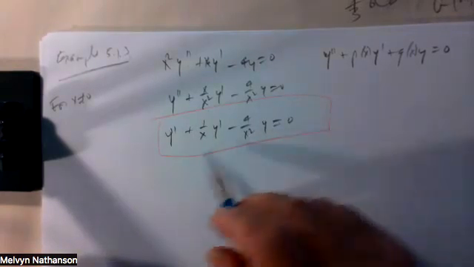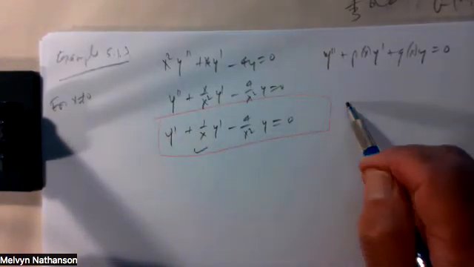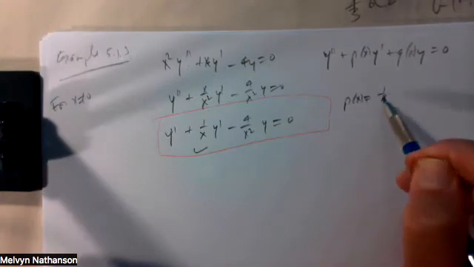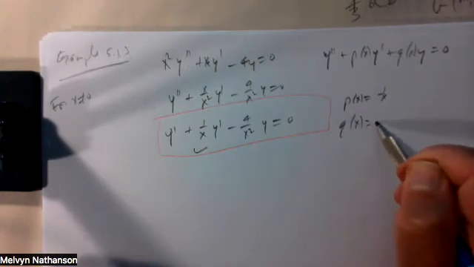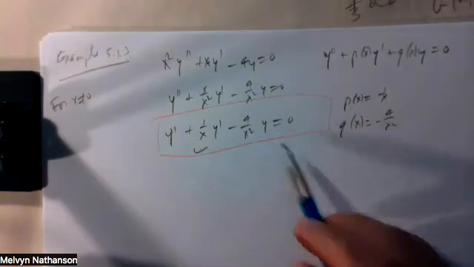And here, p of x is 1 over x, and q of x is minus 4 over x squared.